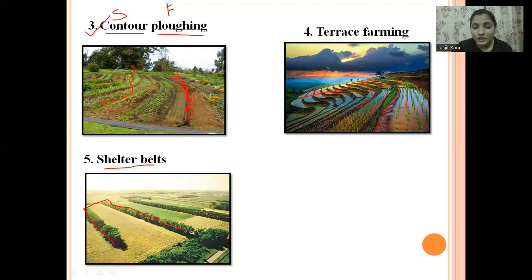These trees act as a bodyguard to that land, so that the land will be protected from the high winds that blow in that area, because we know that when high winds blow, they erode the top layer of the soil along with them. So to stop the soil erosion, they grow trees along the border of that particular land, so that it will protect this land from erosion.